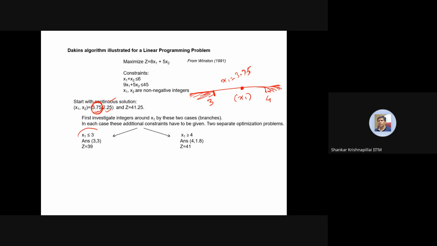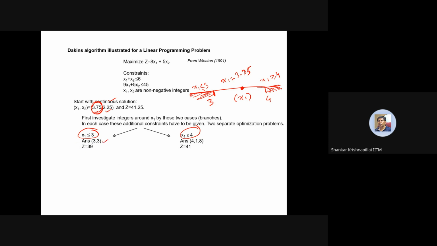So here you give the constraint x1 is less than or equal to 3, and another problem, x1 is greater than or equal to 4. Okay. And other constraints are the same. So when you run this program, that is x1 less than or equal to 3, you get the answer 3, 3.